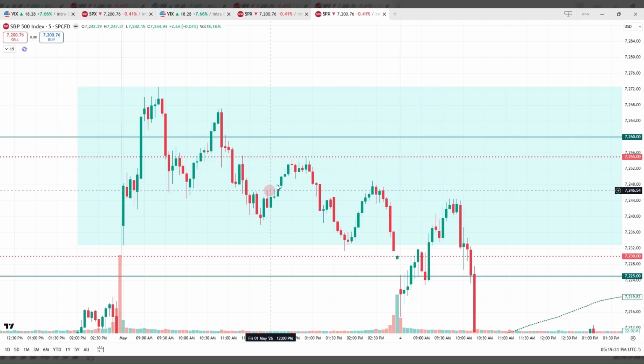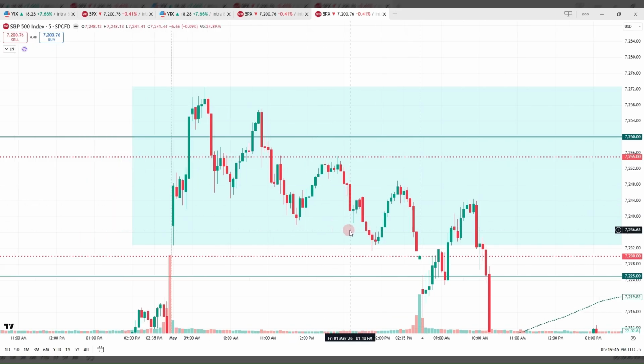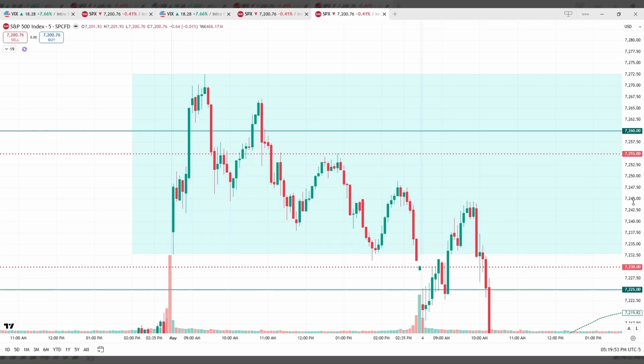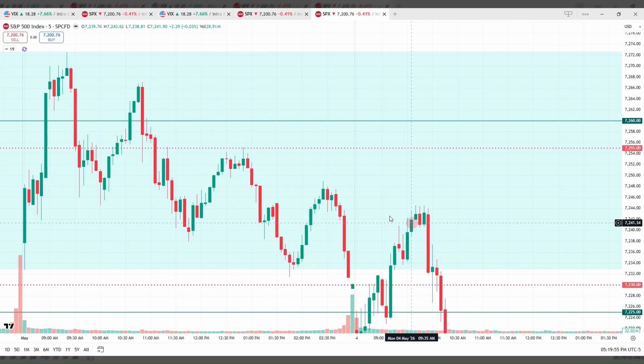We moved up at that point, and we actually did touch the short call strike at 72.55. We did reject there, moved back toward the middle of the range, and then yeah, we used up the space. We stayed in the range, but we did approach our short put spread, but rejected there as well. Moved back to the center of the range, and right around there, we're feeling pretty good about this.